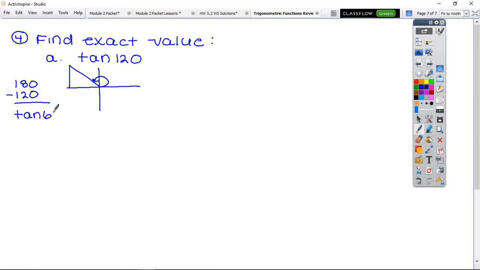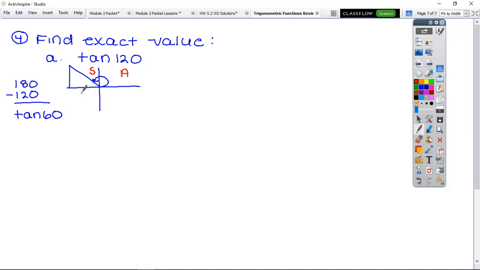Now we know the tangent of 60 degrees, so in a moment you can plug that in. Before you do that, you want to recall that in quadrant 1, all your trig functions are positive. In quadrant 2, just sine, and for us, the reciprocal that pairs with them as well.